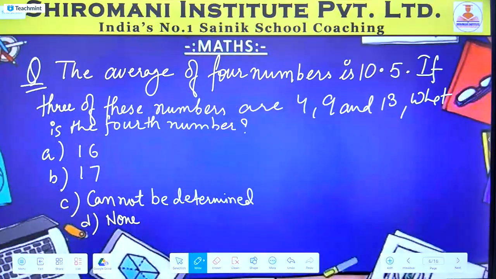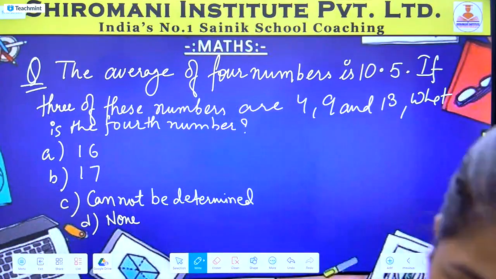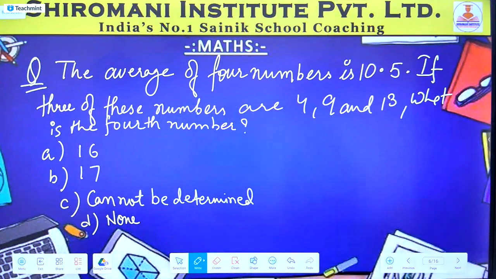Cannot be determined means that you cannot find the answer. I really want to see how many of you cannot find the answer, so I have given that option as well. And here you go.